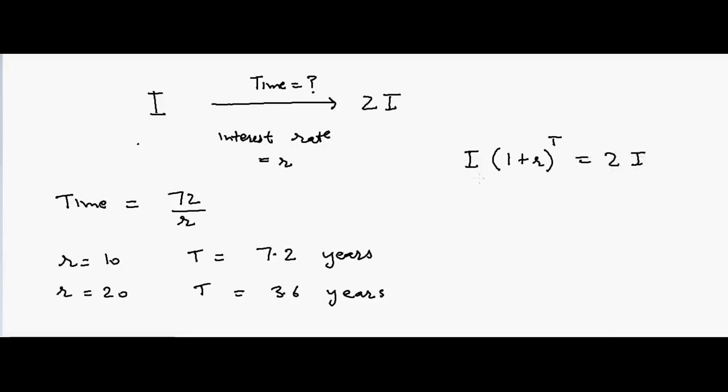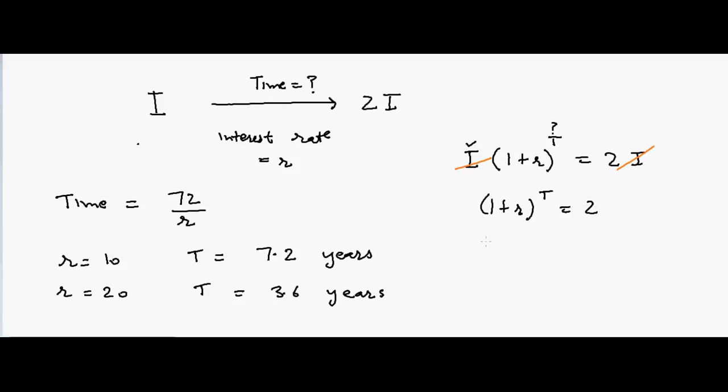So this is our initial investment, and then we have an interest rate every year, and this is compounded every year, so that will become 2I after a certain time. And we want to calculate what the time should be. Now if we solve this equation, I will be cancelled out by the other I, so we have 1 plus R to the power t is equal to 2.